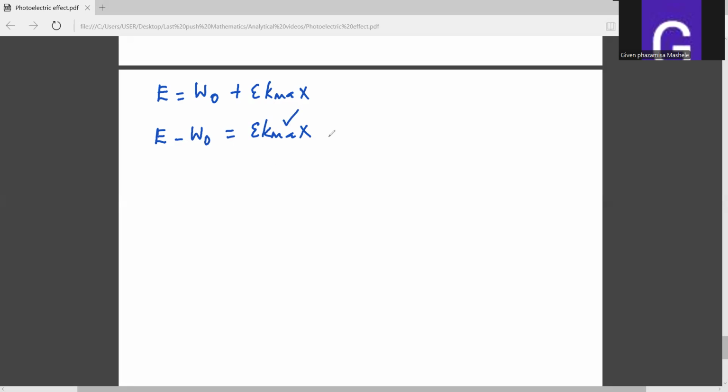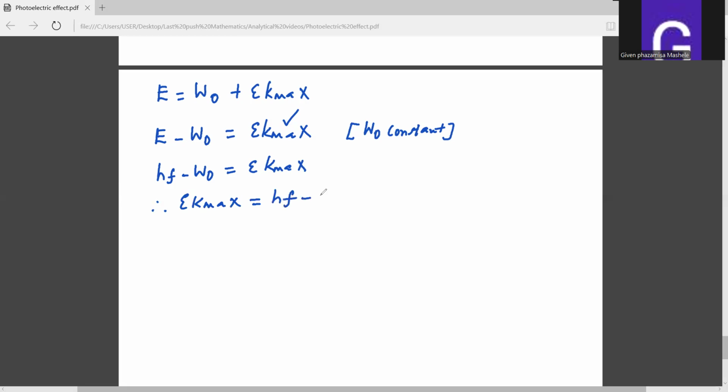But now let's assume we are having a metal which has the same work function. Now look, let's make E equal to HF minus W naught equals EK max. If I rewrite this, EK max equals HF minus W naught.